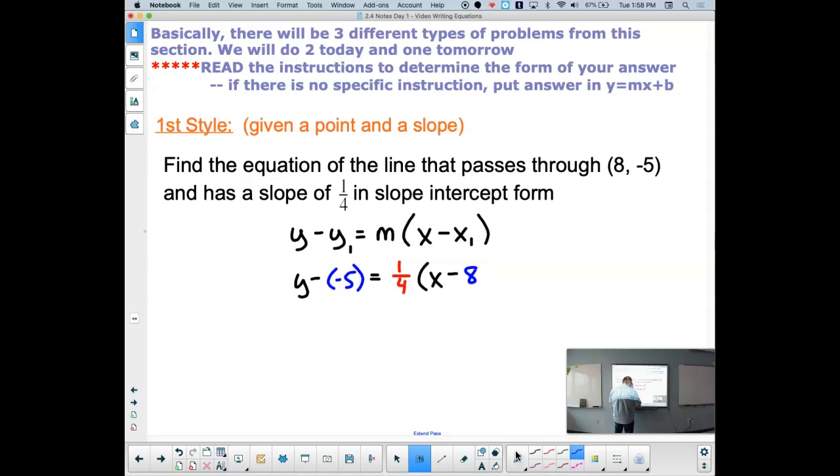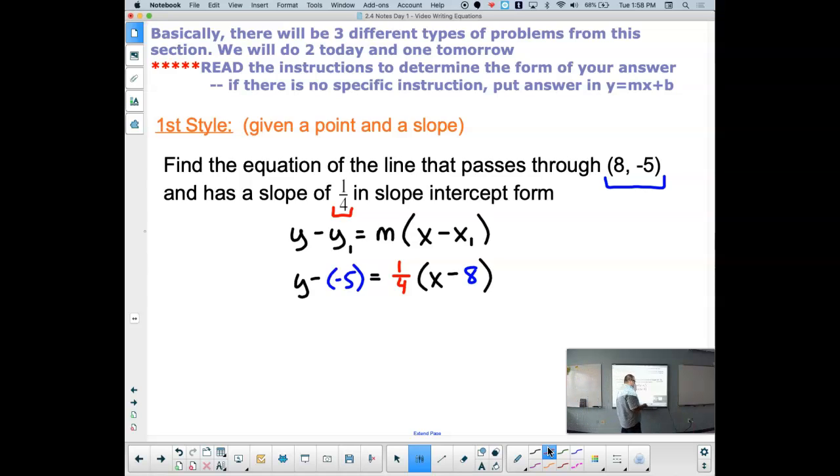Where we get that information from the point, those are in the blue, and we get the slope from the problem. Okay?